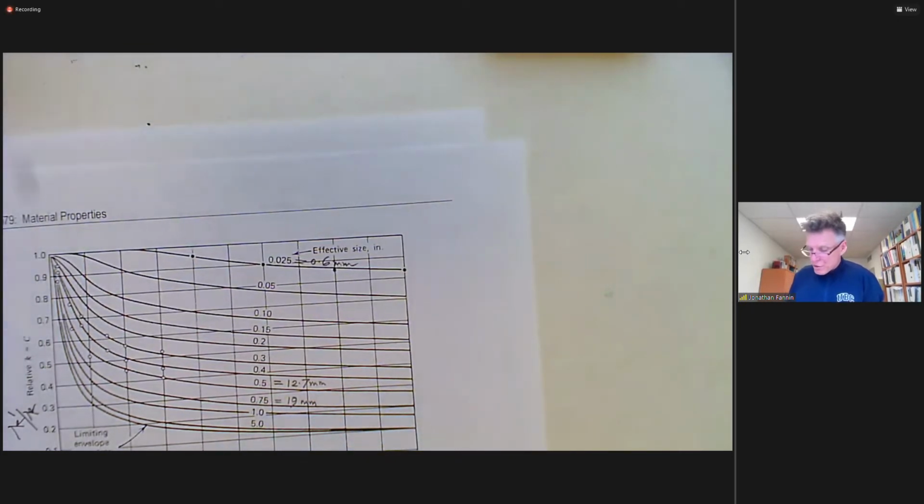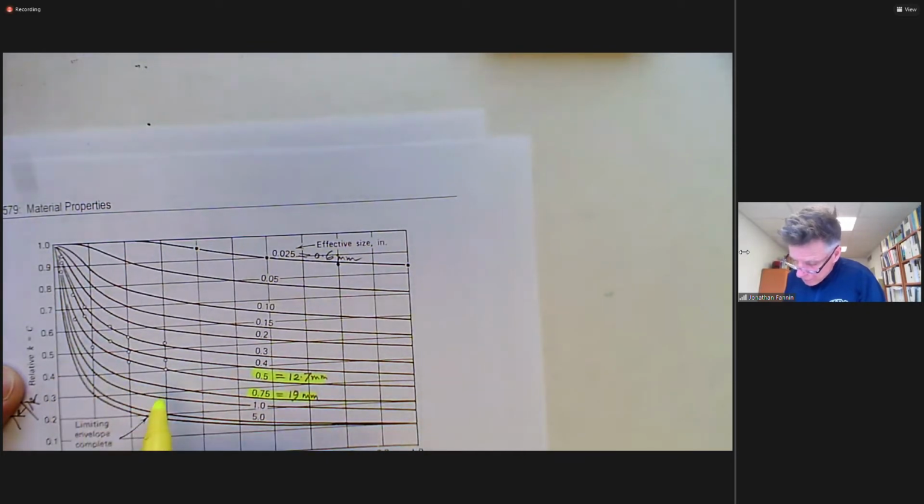Then we got the 1 inch and the 5 inch. Now I'm going to highlight these ones here. So let's look at this. Let's capture those curves.